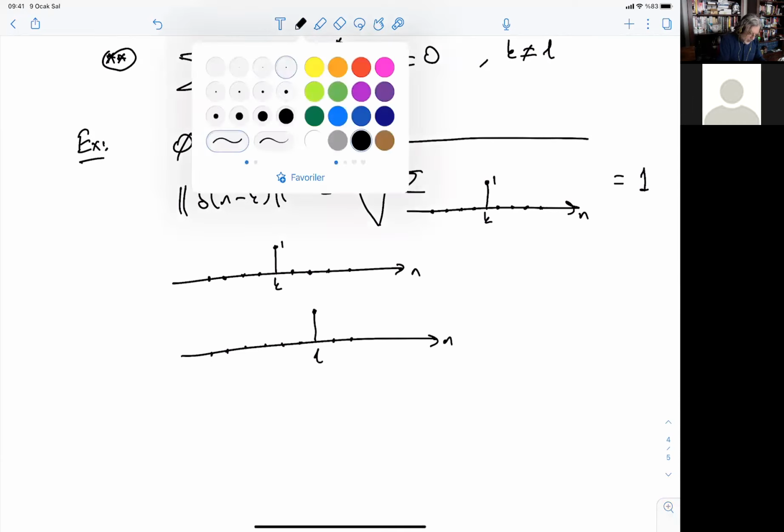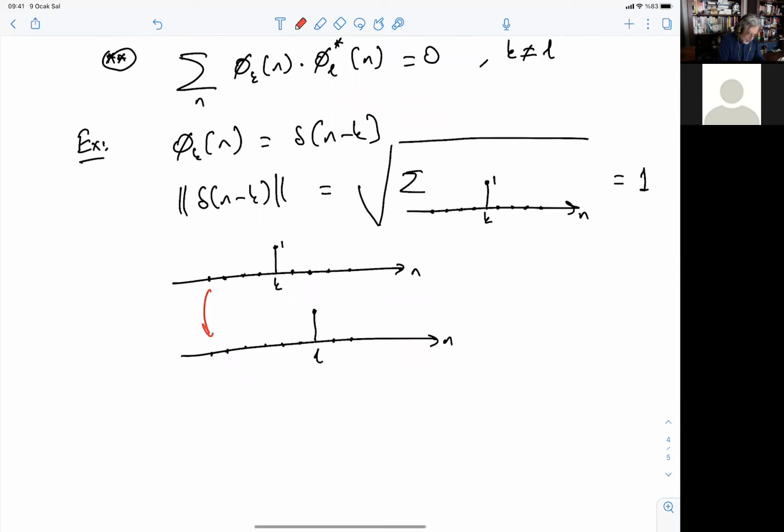And then we term by term multiply them. In fact, we have to multiply with the conjugate of the second one, but they are all real here, so it doesn't really matter. We are multiplying 0 with 0, 0 with 0, 0 with 0, and then 1 with 0, and then 0 with 0, and then 0 with 1, and then 0 with 0, etc. So the multiplications are all 0. The summation of all these zeros will be equal to 0, telling me that delta n minus k is orthogonal to delta n minus L.